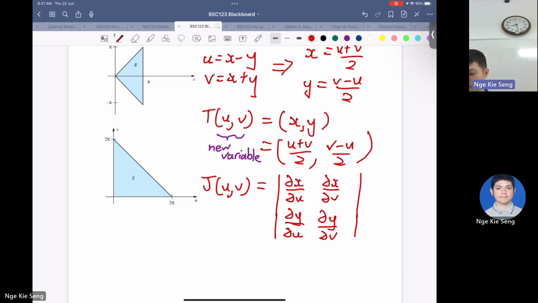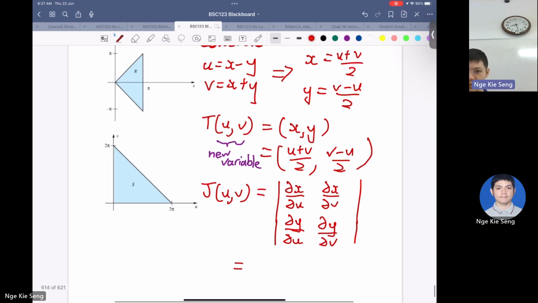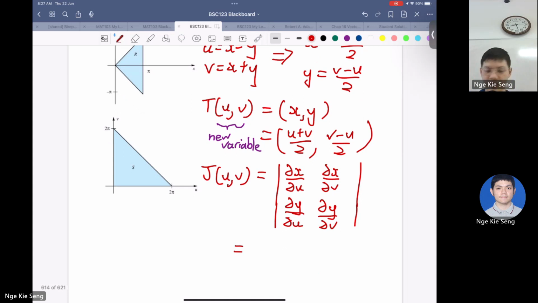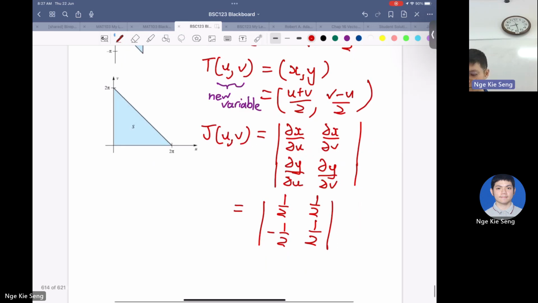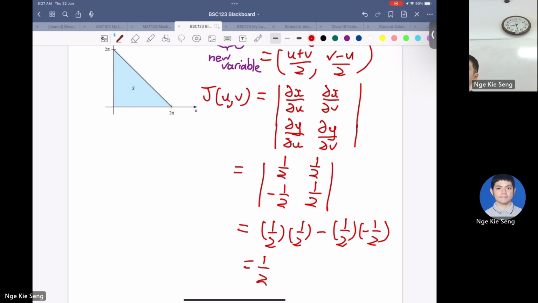What's del x over del u? 1 over 2. Del x over del v is also 1 over 2. Del y over del u is minus half, and del y over del v is half. So altogether, we get half times half minus half times minus half, which together gives half.